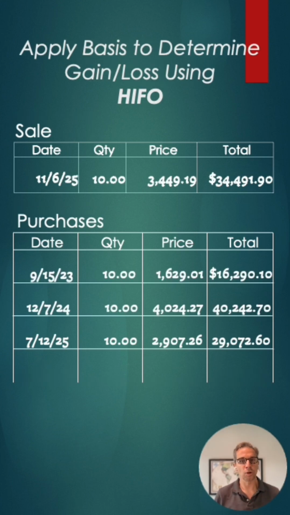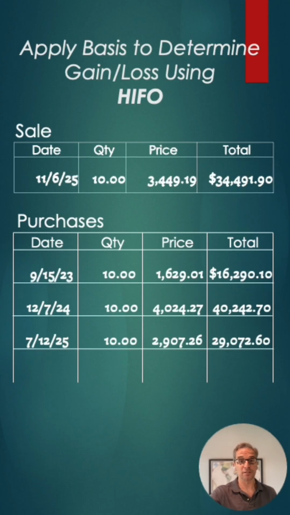All right, let's take a look at what our gain or loss is based on using the HIFO accounting method. HIFO has nothing to do with dates at this point. We're talking about the price that you purchased it at. So in this case, the highest purchase price, remember it's highest in, first out, is going to be that December of 2024 purchase price of over $4,000.